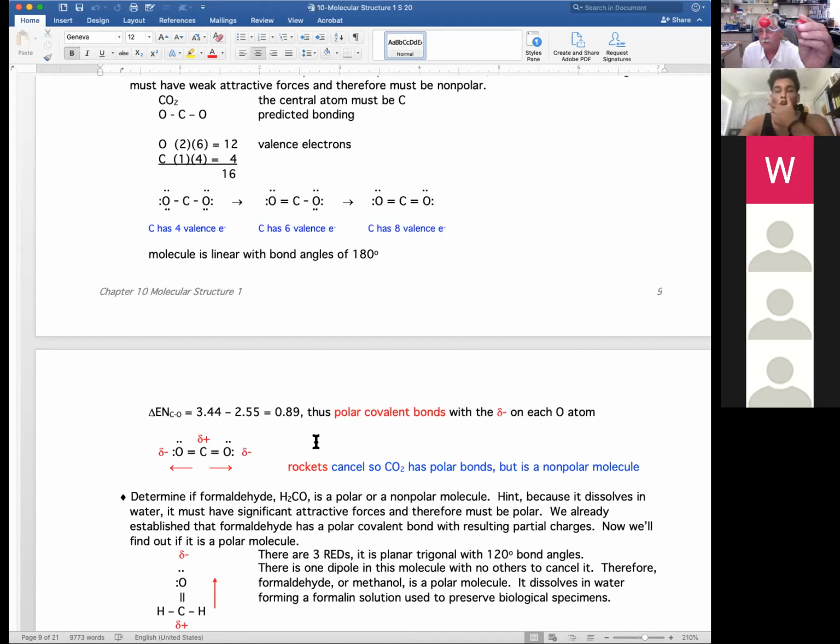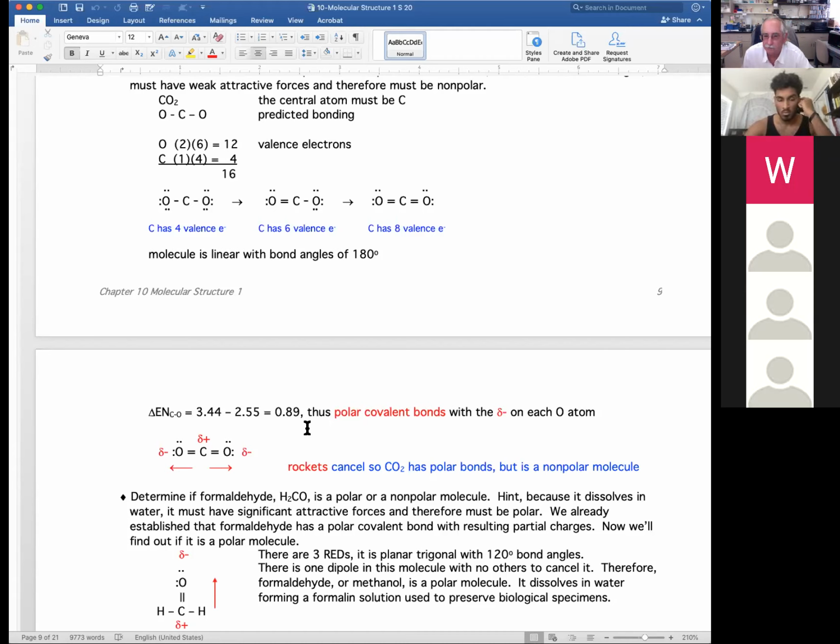If I fire these 2 rockets, where does it go? Excellent answer. Nowhere. So that means that carbon dioxide has polar bonds, but it's behaving like a non-polar molecule. It does not behave like a magnet. This is the reason why carbon dioxide is a gas.